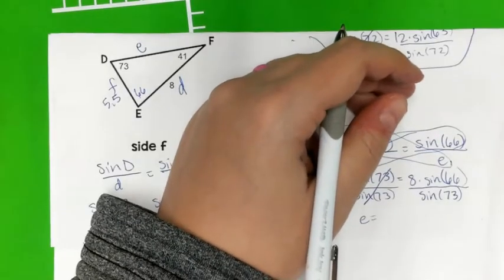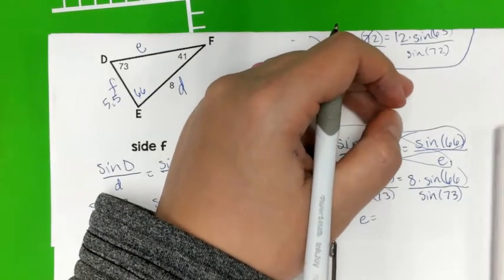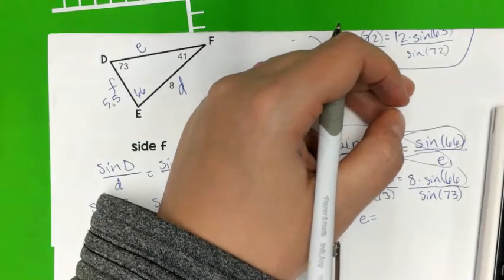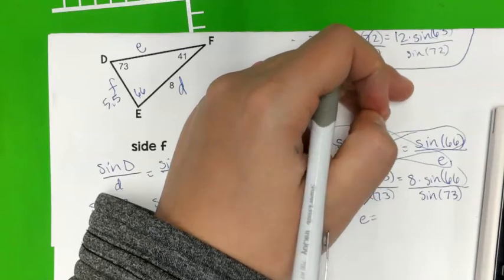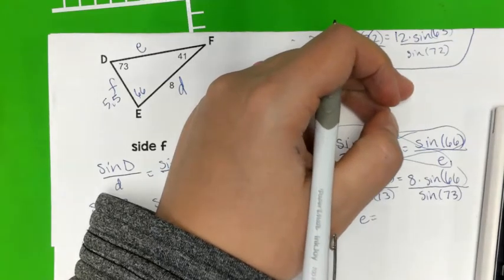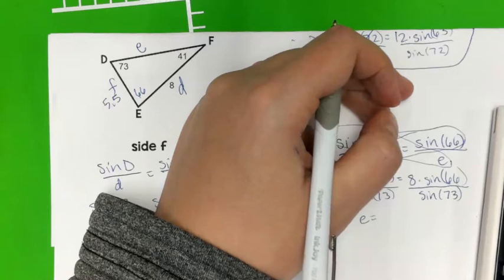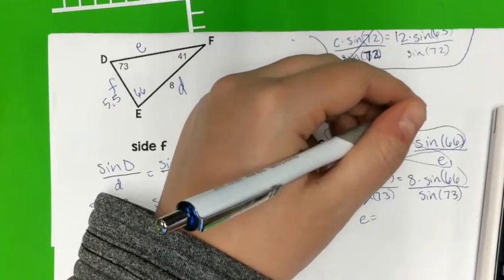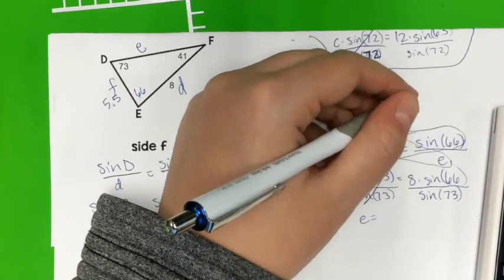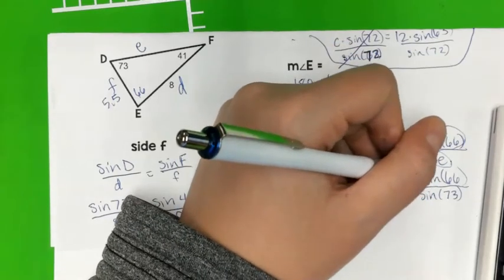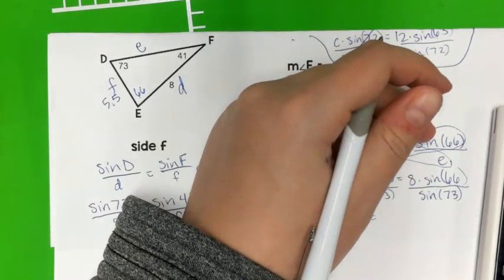Okay. So 8 times sine of 66 divided by 73. Oops, that's not what I wanted to do.